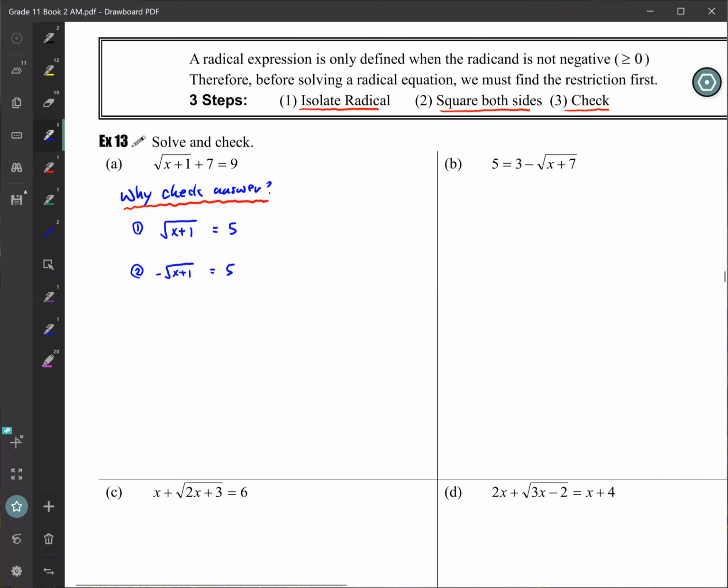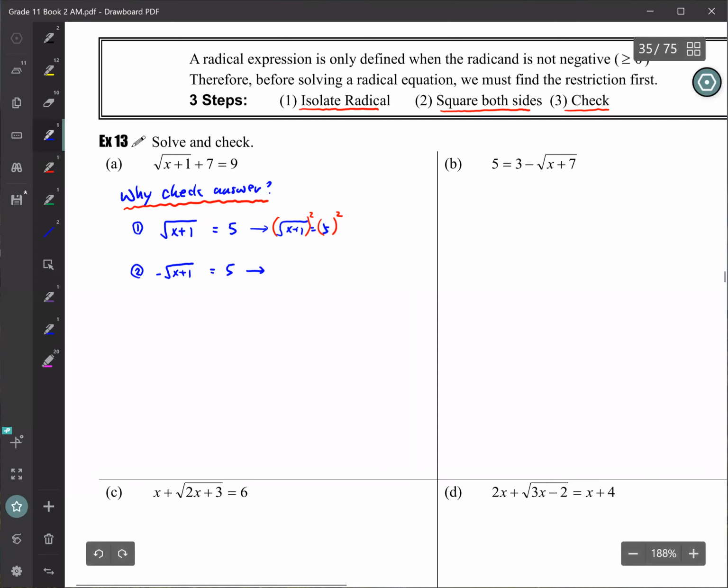So step 2, we are going to square both sides. I will square the left side and square the right side. Square both sides, that's what it means.